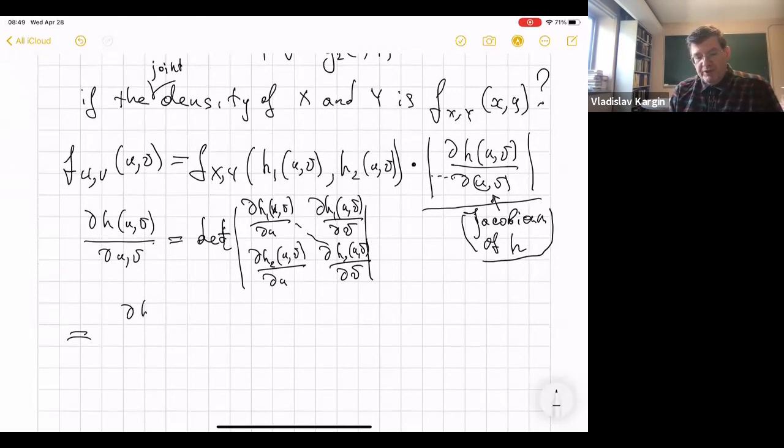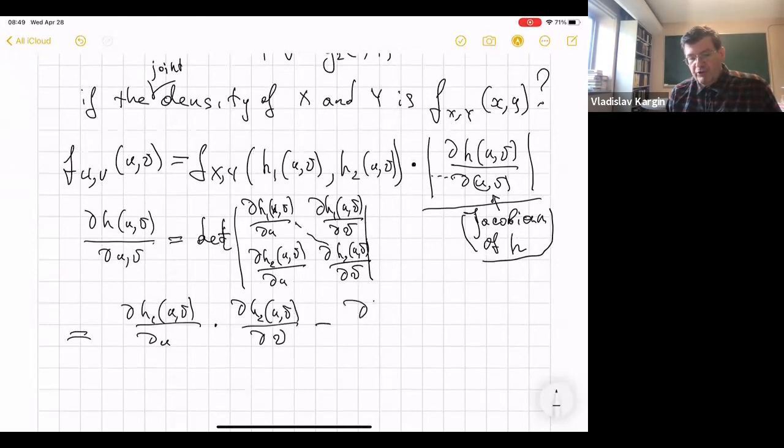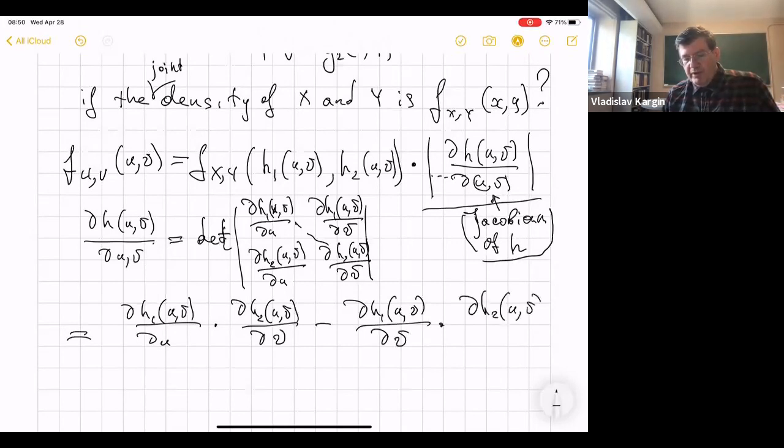So it will be d h1 over du multiplied by d h2 over dv, minus d h1 over dv multiplied by d h2 over du.